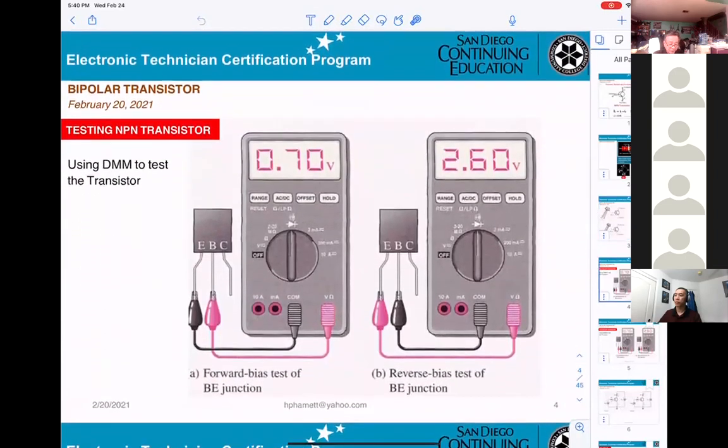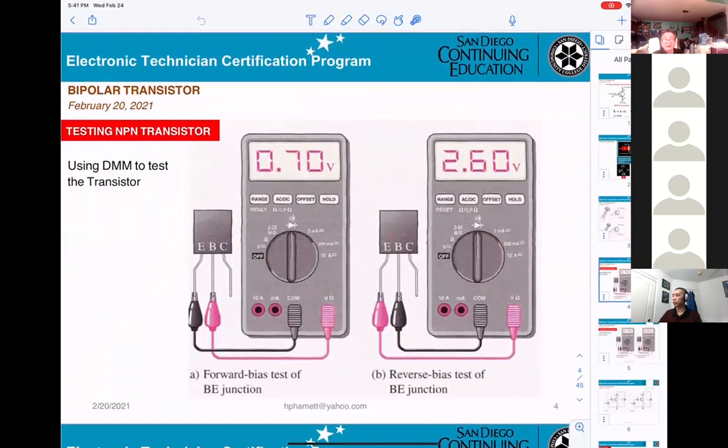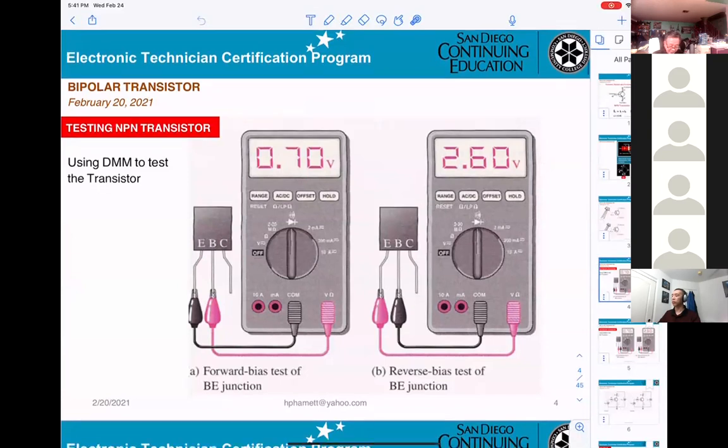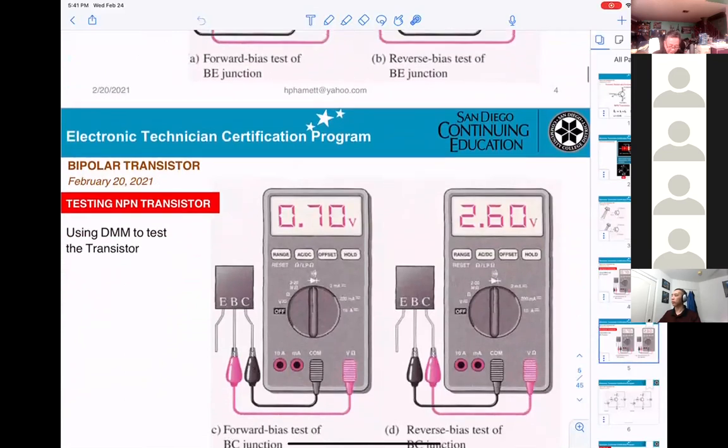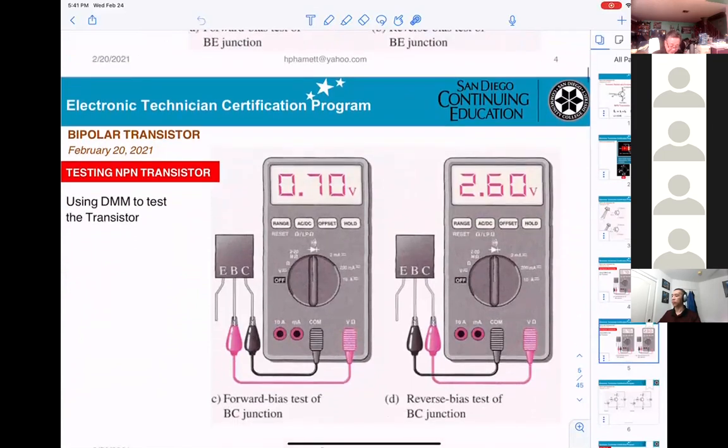And if you want to test your transistor, you can use the meter, set your meter and measure. If you get the readings, that means it's working. Basically, you just take a diode from B to E, and also from E to B you get the reverse of that. They also show it here. If you want to check it, you can follow it.